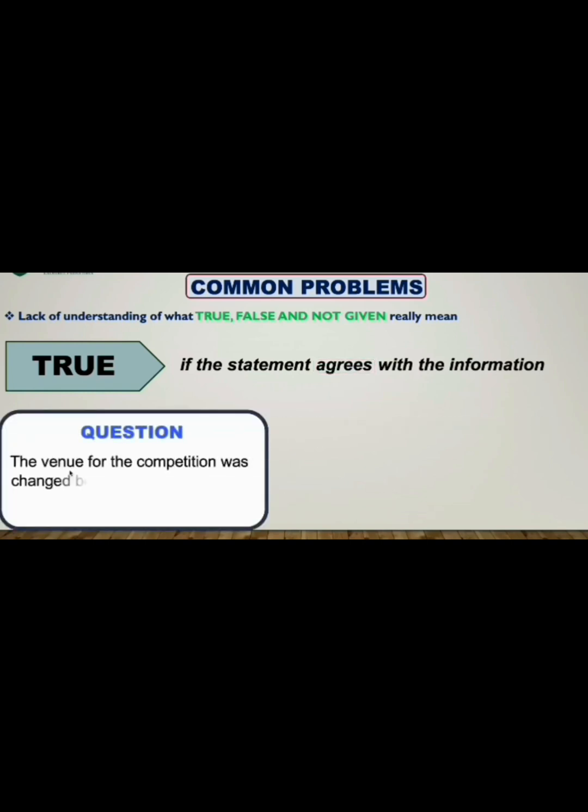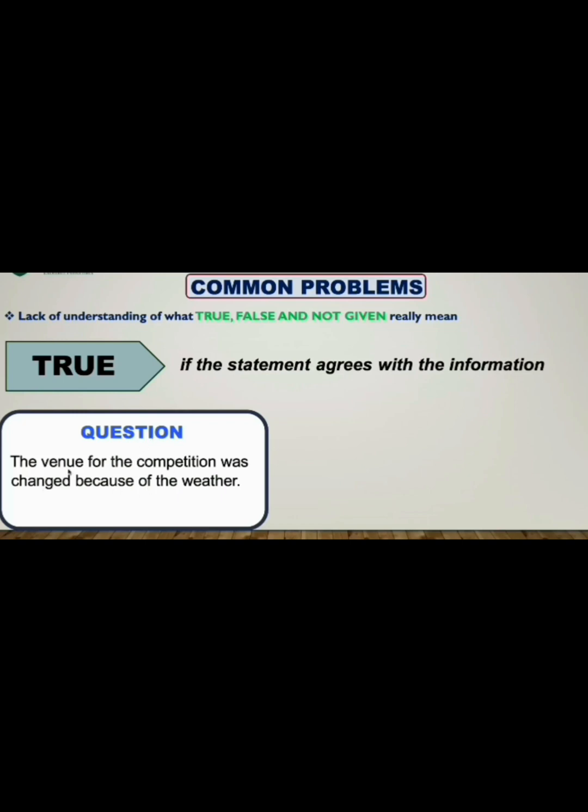So it says here that the venue for the competition was changed because of the weather. So let's assume this is a question and they are asking you, is this true, false, or not given? And before we can go on to check the answer from a text, we have to understand the message this question conveys.